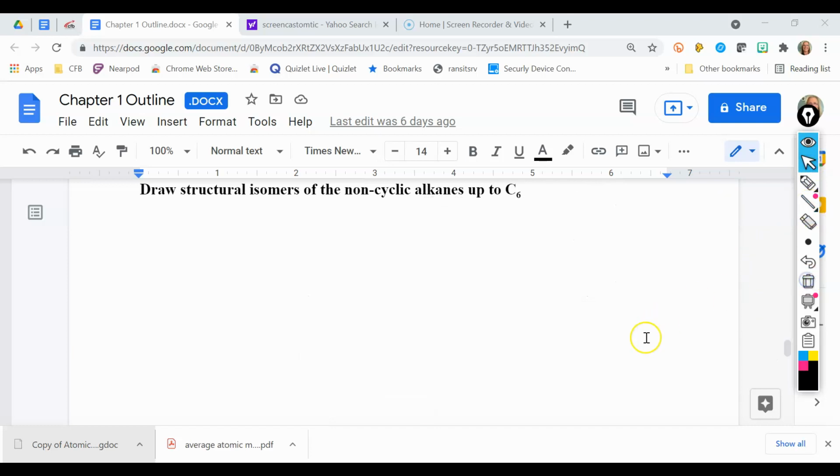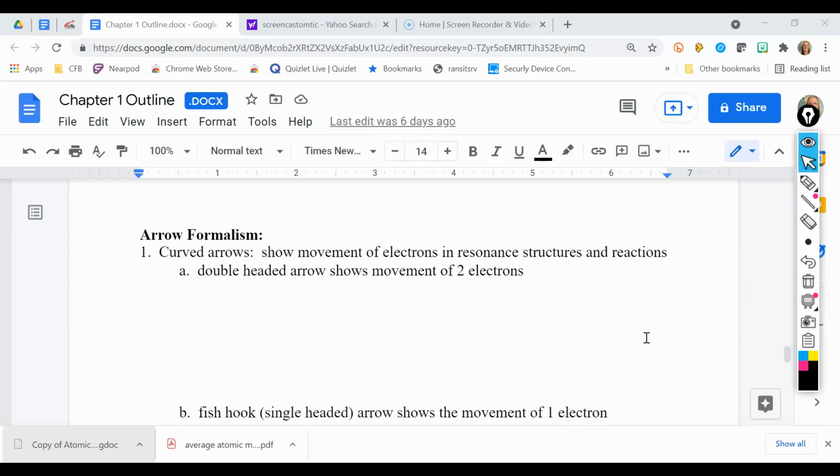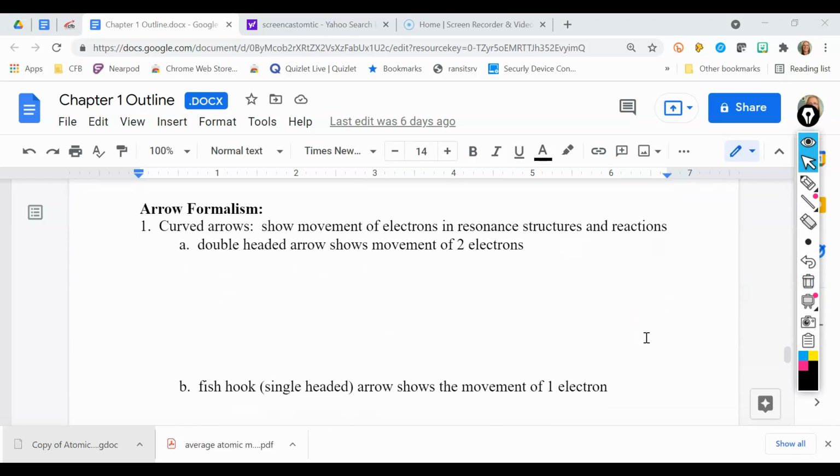Okay, so let's go ahead and move this along then to our couple of conventions that we use. When we are using a curved arrow, this is different than just a straight arrow from reactants to products. When we are using a curved arrow, we are using that curved arrow to show the movement of electrons. So let's say that we had a carbon to hydrogen bond, and we want to show the movement of the electrons out of the bond to maybe bonding with something else.